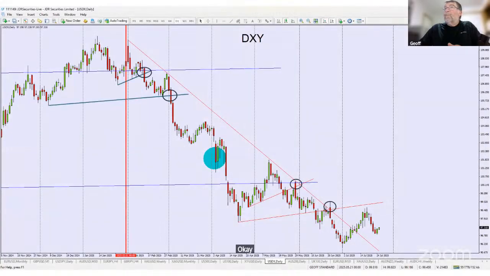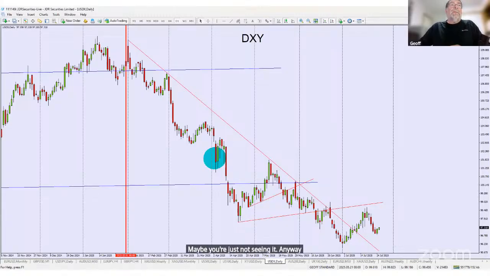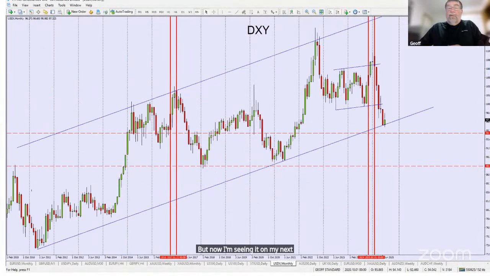Well, maybe you're just not seeing it. Anyway, you can't see my cursor. Okay, I'll do a bit better than that. For some reason, I cannot see the slide that I wanted to show you, but now I'm seeing it on my next screen, and there it is. So that's what happened. Can you see the cursor now, Mahesh? See that circle?